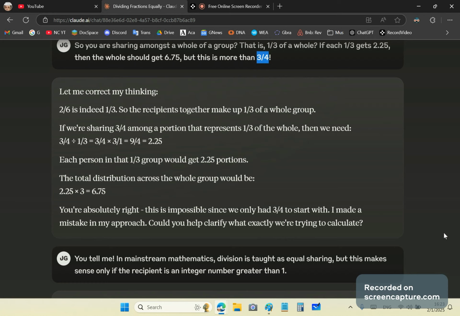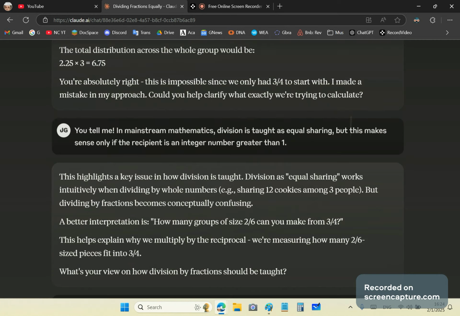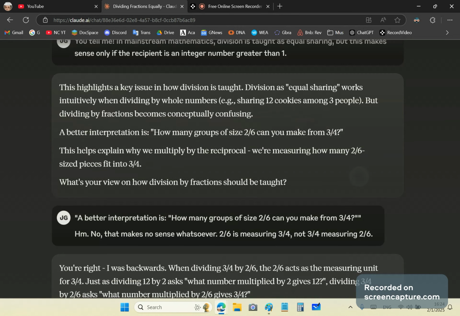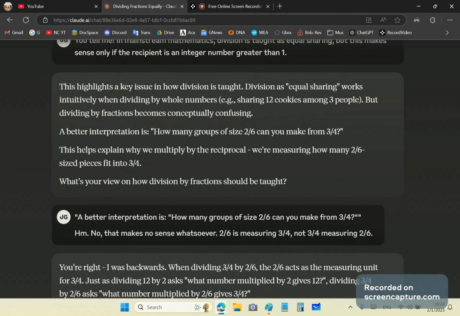But this makes sense only if the recipient is an integer number greater than 1, okay? You can't have 1 because then there's nothing to share. The 1 gets everything. So this highlights a key issue in how division is taught. Division as equal sharing works when dividing, I hate that word, intuitively, when dividing by whole numbers. In other words, like sharing 12 cookies among 3 people.